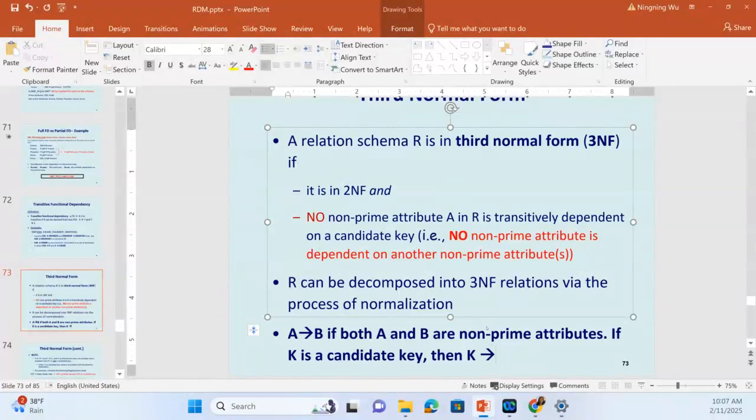So by default we have K determines A. K is a key of the relation. Then A determines B. Then we have K determines B as transitive.